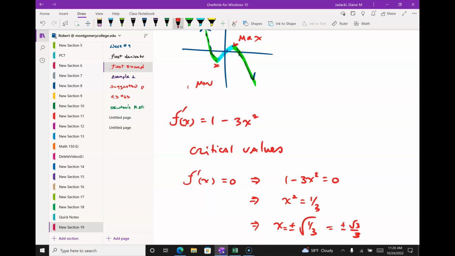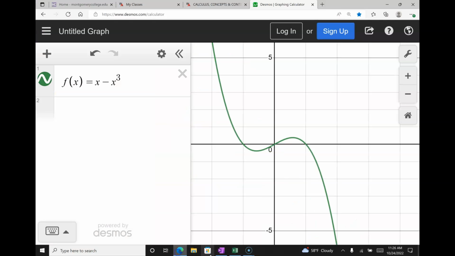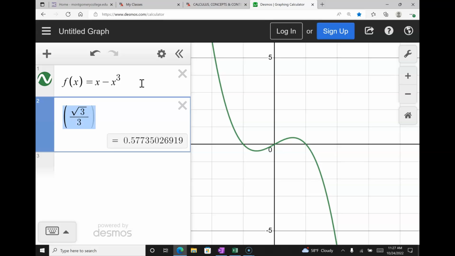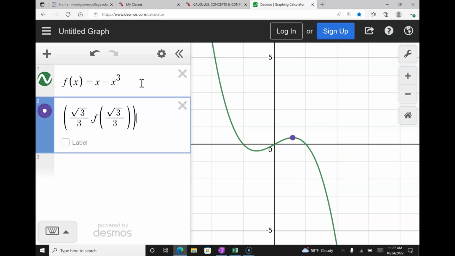Just looking at those two values, that's why I like to use this function notation, right? I can do square root of 3 divided by 3, comma, f of that. So you see what I mean?